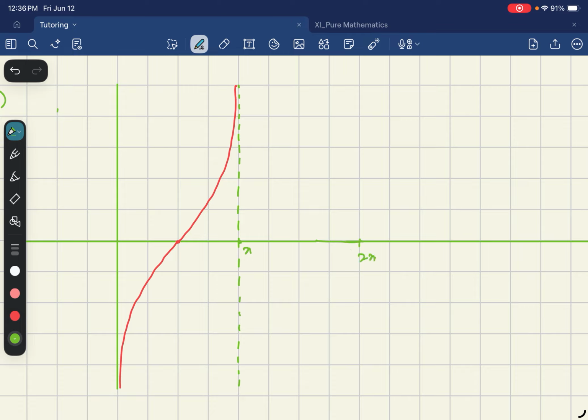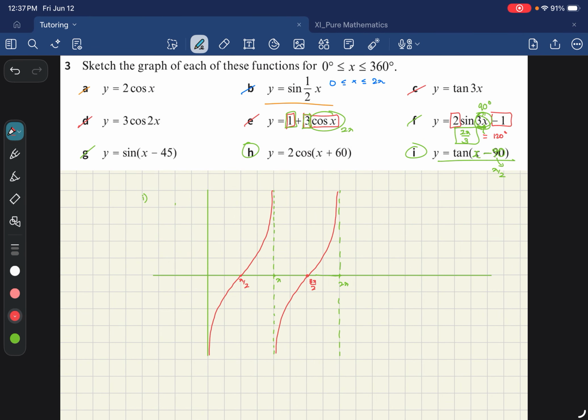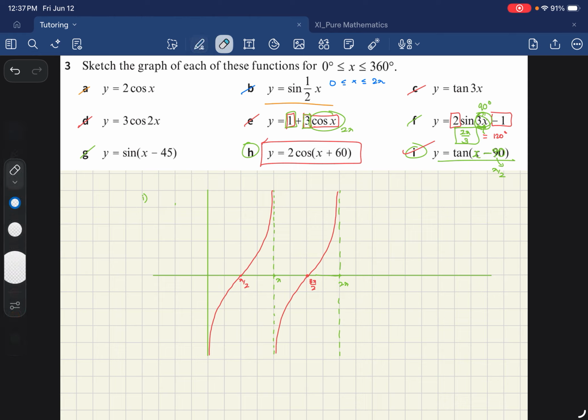So this is 2 pi. All right, so your graph looks something like this. All right, so that is your solution to the last question. So this is 270, or 3 pi by 2, and this is pi by 2. All right, so I'm going to leave this question to you for practice.